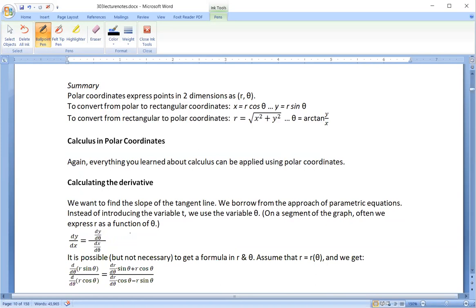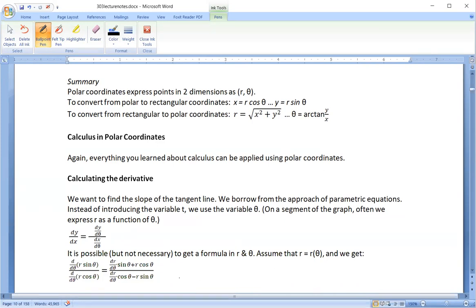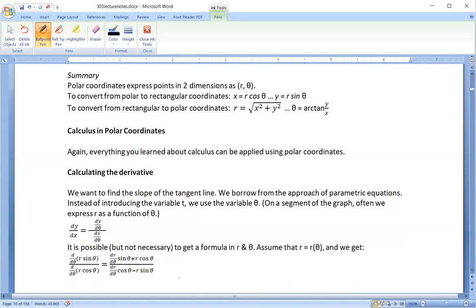And then the denominator would be d theta of x, which is d theta of r cosine theta. Then you just have to calculate that out and simplify. In the numerator, using the product rule, you get dr d theta times sine theta plus r times cos theta. And in the denominator, dr d theta times cos theta minus r sine theta.